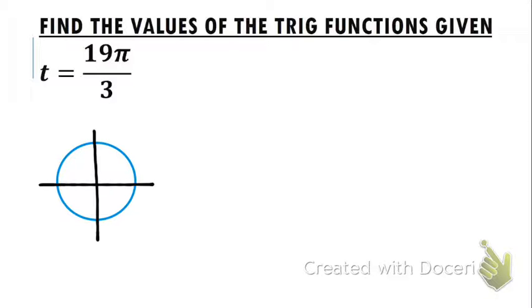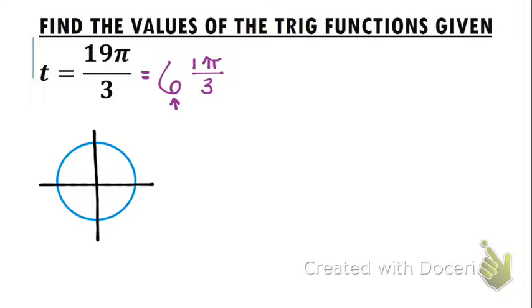Do something for me real quick. Instead of an improper fraction, what would this be as a mixed number? 6 and 1/3. Is pi/3 on my unit circle? Yes. 6 pi would be 3 full rotations, right?